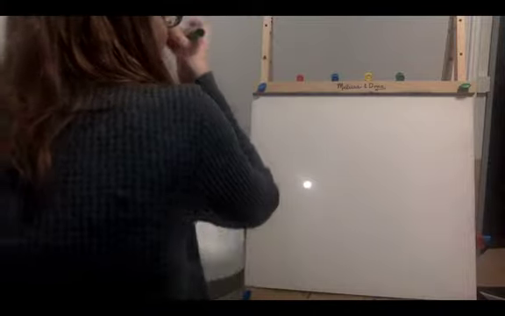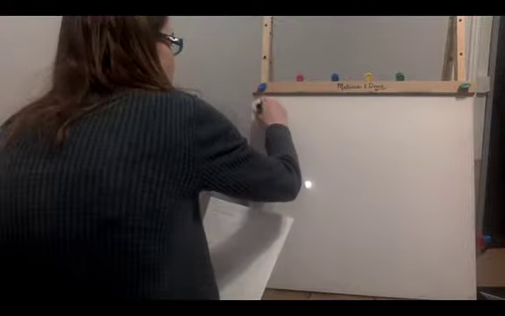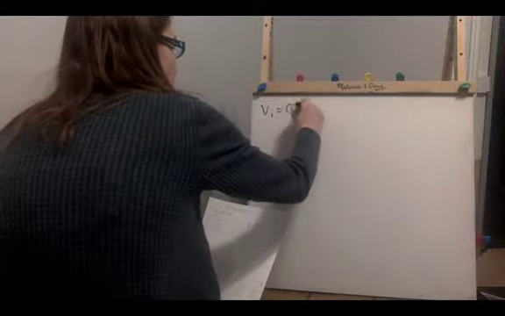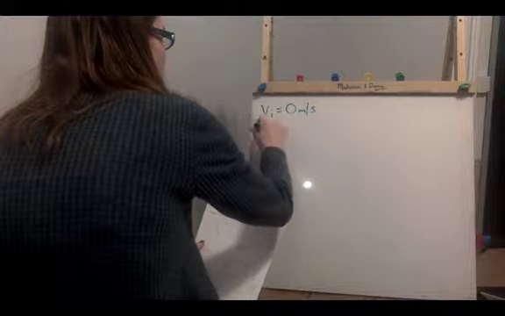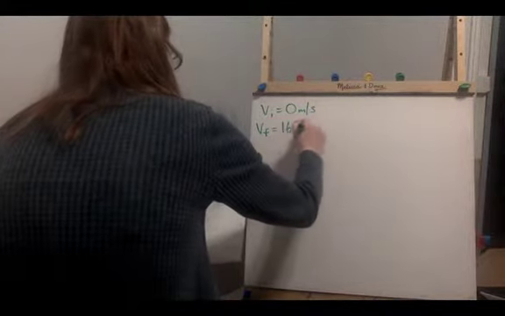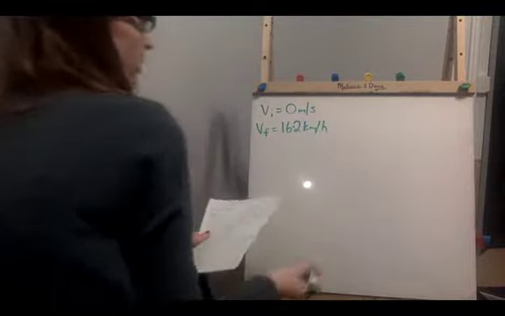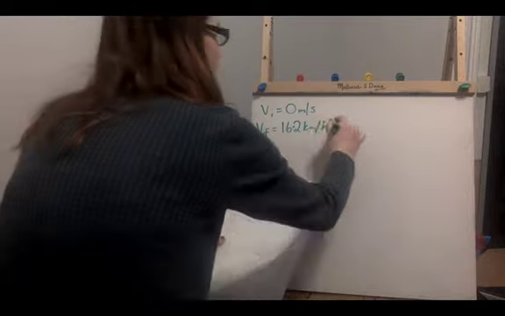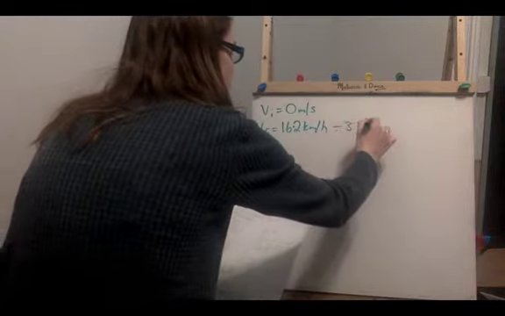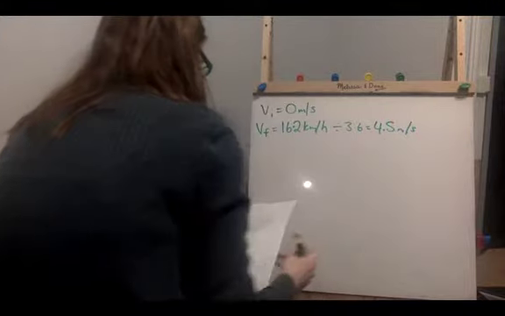So as we went through that question, we knew that this tractor trailer was starting from rest, so the initial velocity was 0 meters per second. We knew that it was accelerating to a speed of 16.2 kilometers per hour, which we can convert into meters per second by dividing by 3.6, getting a value of 4.5 meters per second.